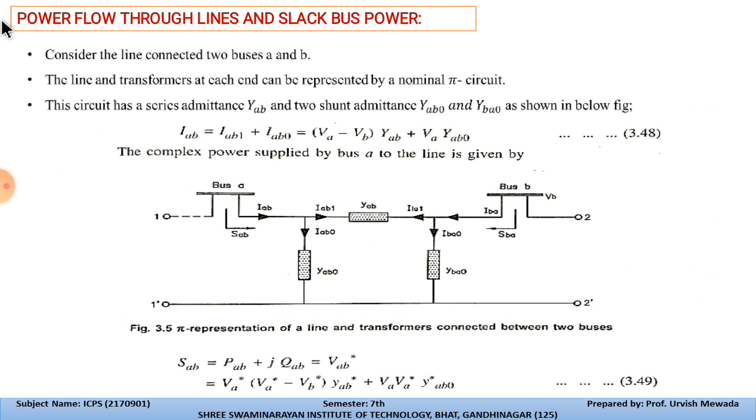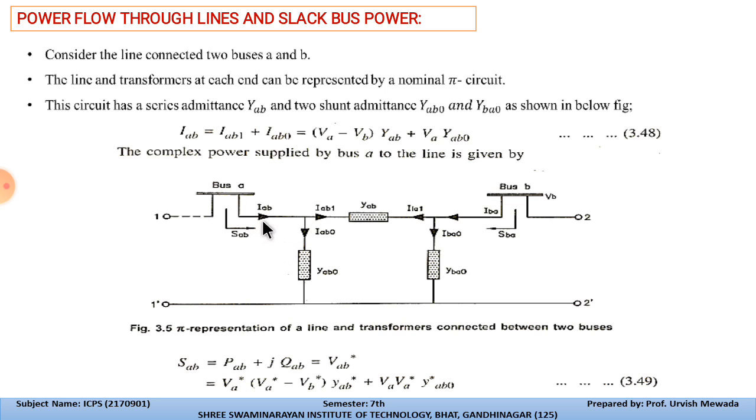Now power flow through the lines and slack bus. This is the system we have considered. This is bus A, this is bus B, and this is the side from where we are sending the power.